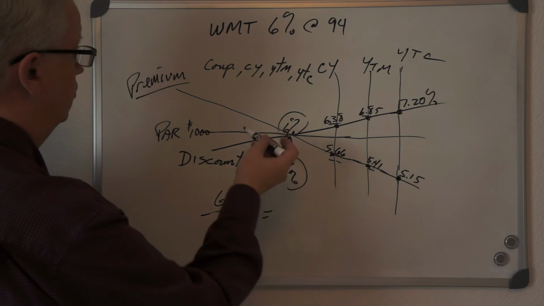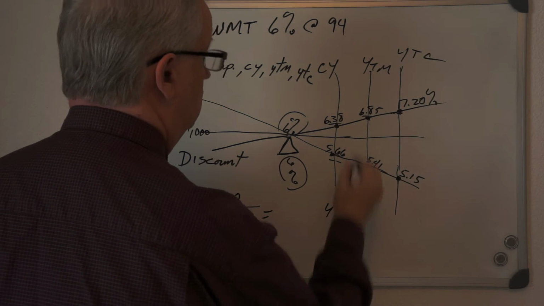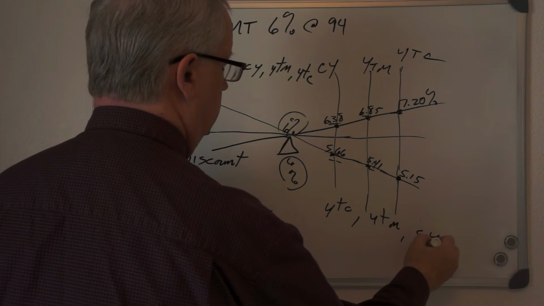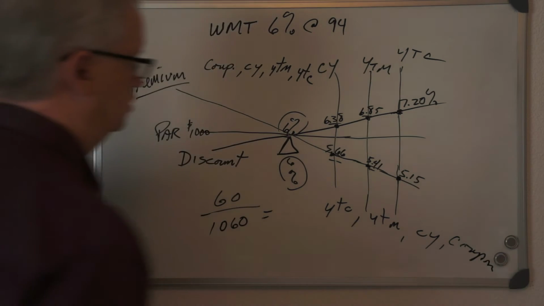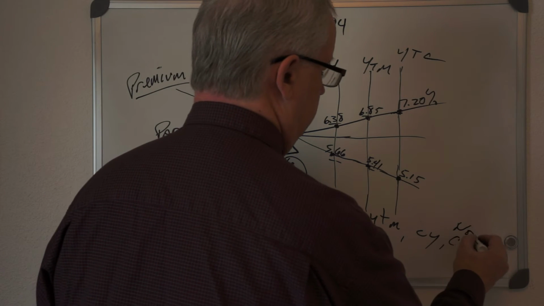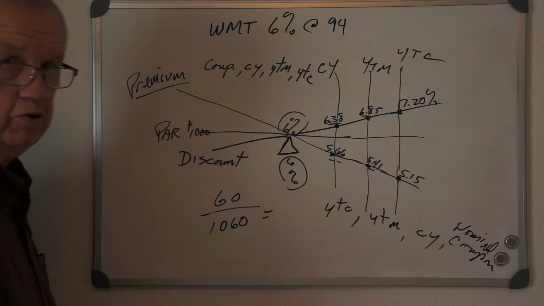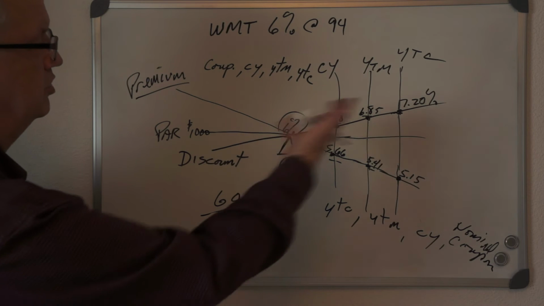So ascending order on a premium would be yield to call, yield to maturity, current yield, coupon. Don't let them fool you with coupon and nominal. They're the same. Nominal yield and coupon yield are the same. Okay? Understand the relationship here.